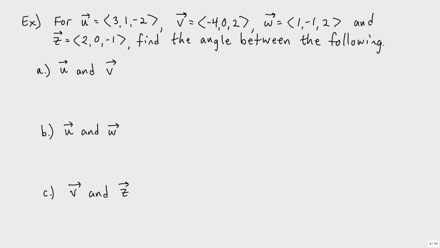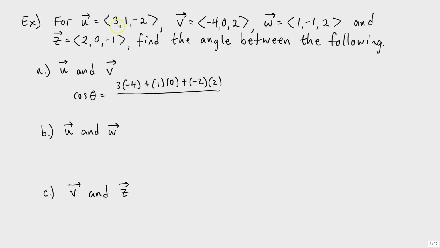So let's say we've got these four vectors, u, v, w, and z, and we want to find the angle between certain ones. Let's say we find the angle between u and v. The cosine of that angle would be their dot product, 3 times negative 4 plus 1 times 0 plus negative 2 times 2, divided by the product of their magnitudes.